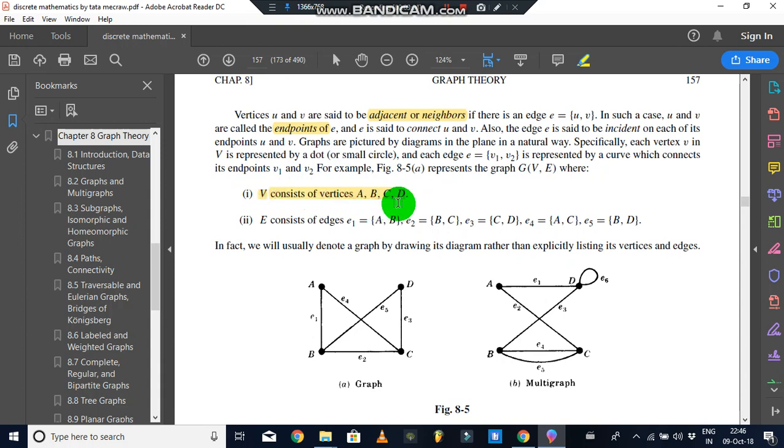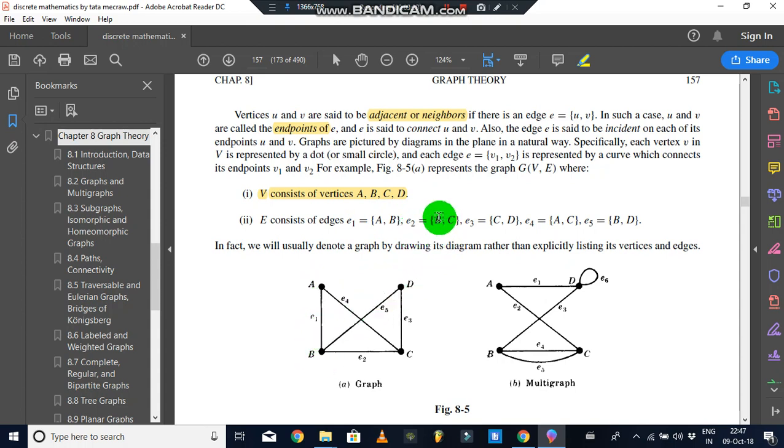Just make four nodes A, B, C and D. This line is an edge. Going from A to B, this is E1.